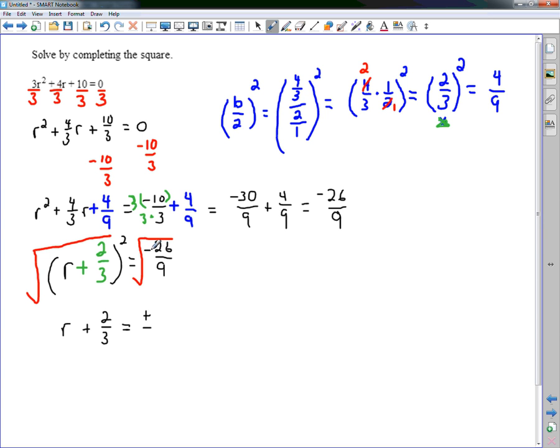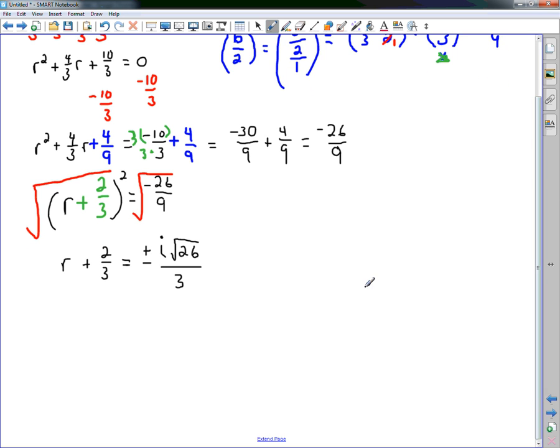The square root of negative 26, well, the square root of a negative produces an i. 26 is 2 times 13, so there's no simplifying, so it just stays the square root of 26. On the bottom, the square root of 9 is 3. Now our next step is to bring over the 2/3, so I'm going to subtract it over.